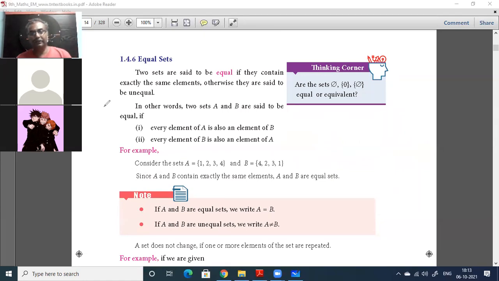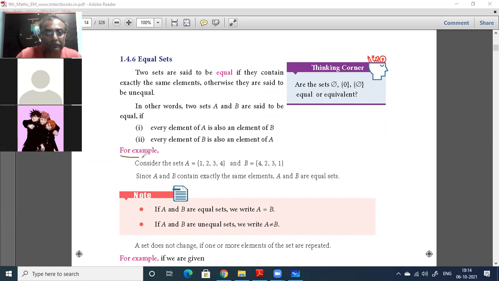Example, consider the set. Read. For example, continue to read. Sandhya, continue to read. What happened? Read, for example, from there, Sandhya.